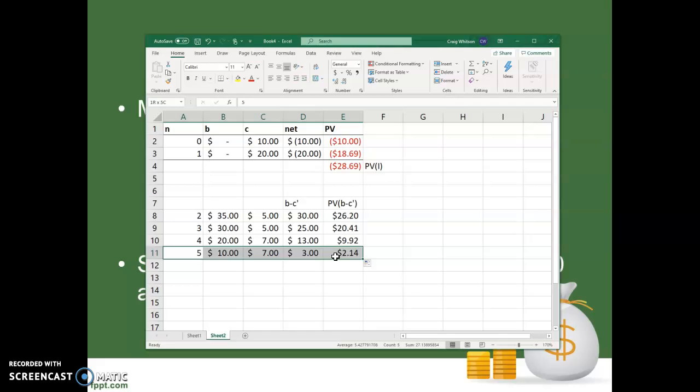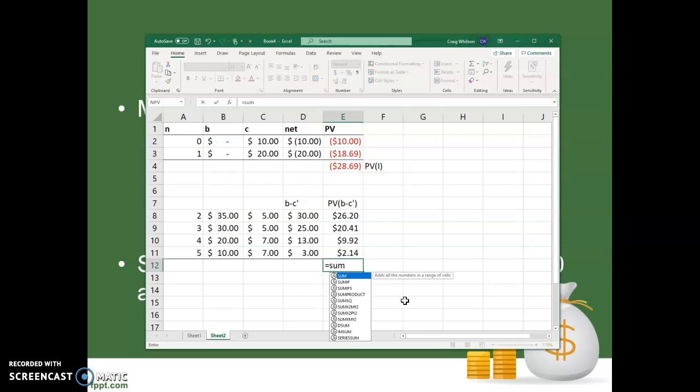Okay, and so I've treated this separately. The investment period and the operating period, I'm looking at them separately. And I can sum up the total present value of benefits minus cost.